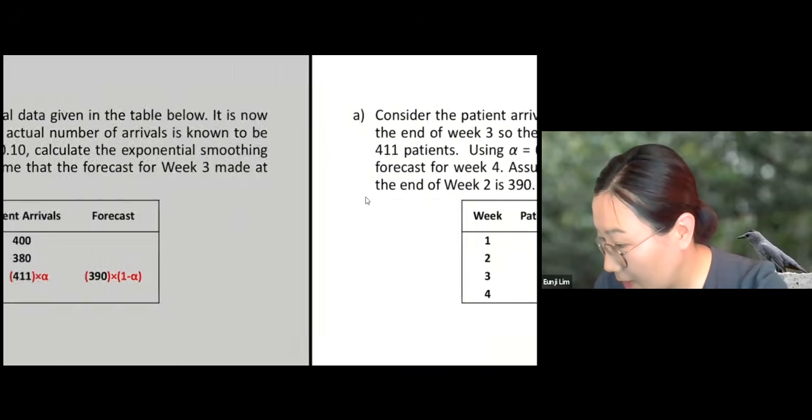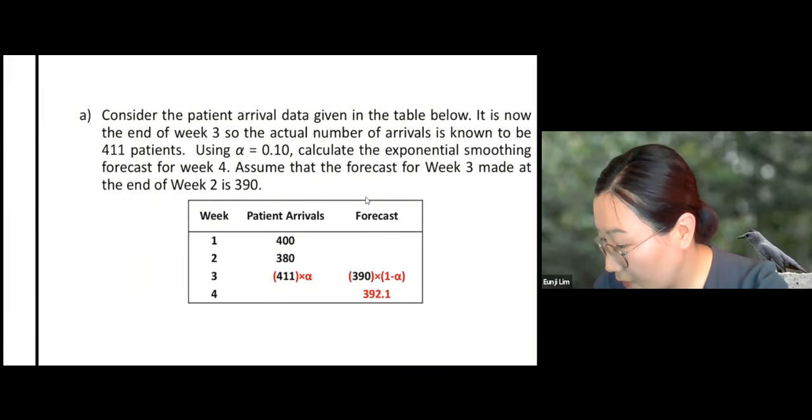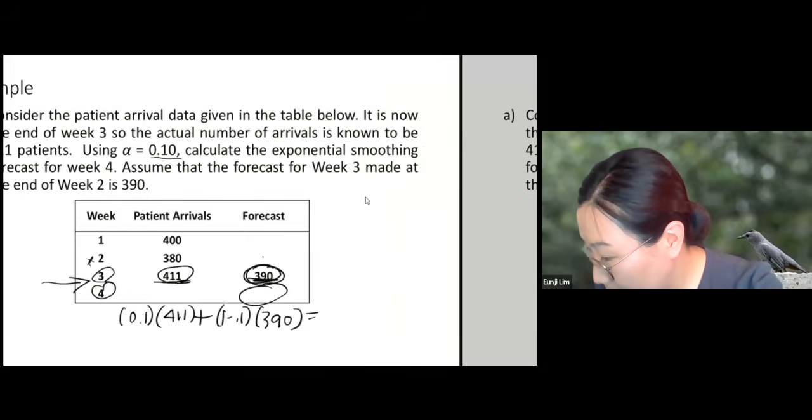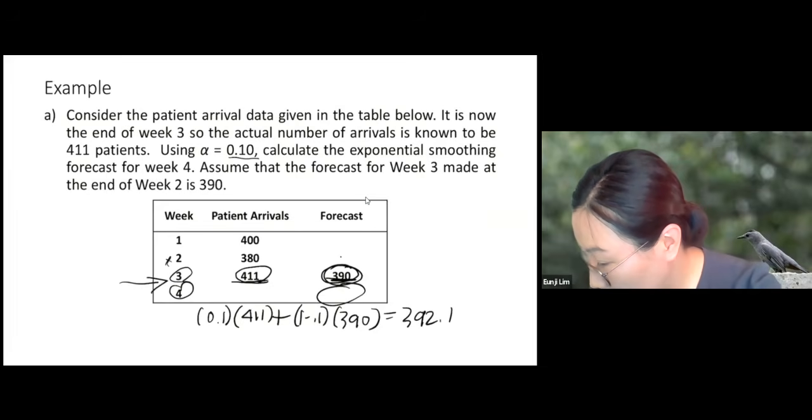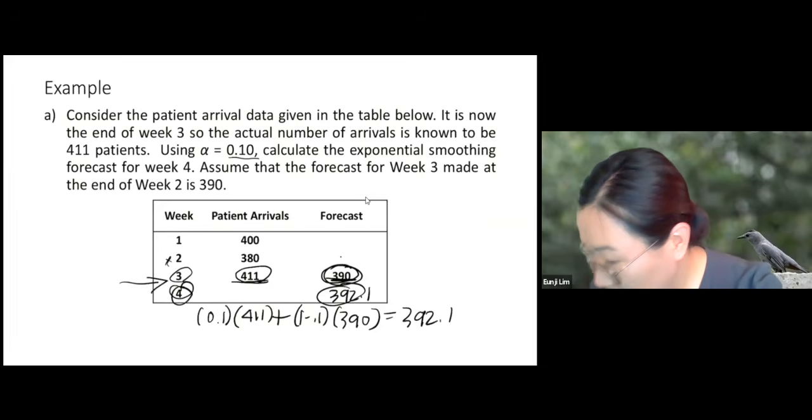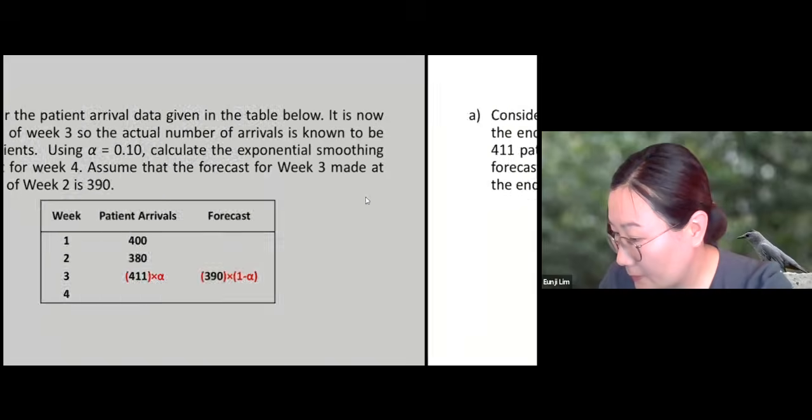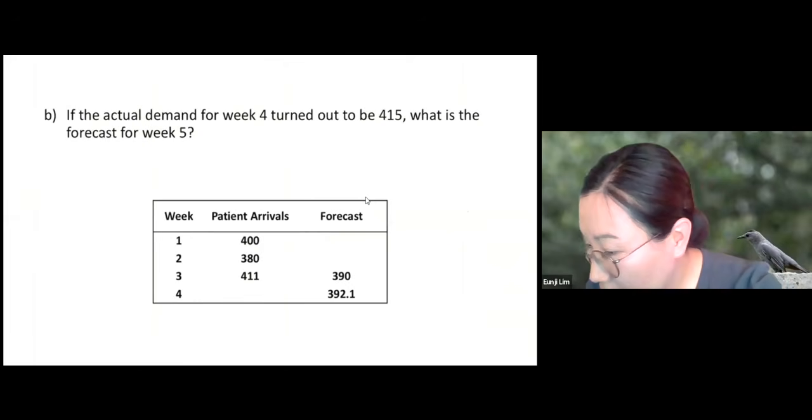And that's going to be our forecast, 392.1. So that's our forecast for week 4. And let's go to the next part.